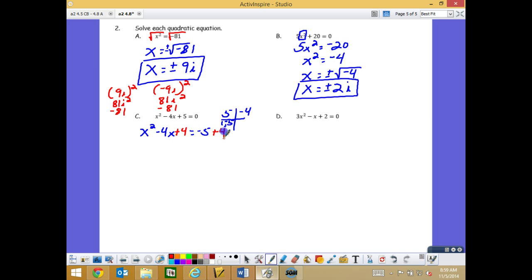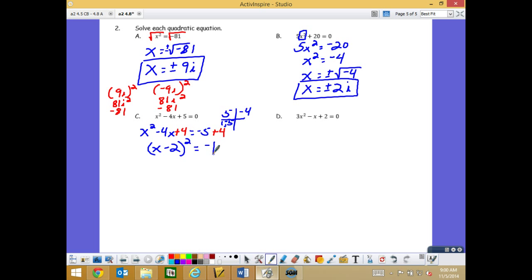And that's the number we add to both sides. So we're going to add 4 to both sides. Now, factor the left side. Factors of 4 that add to negative 4 are negative 2 and negative 2. So we end up with x minus 2 squared. And on the right side, combining negative 5 plus 4, we end up with negative 1.